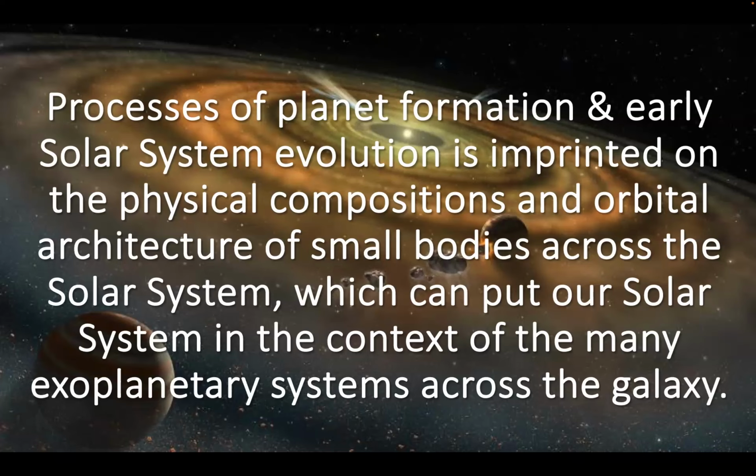And so by better understanding these processes within our own solar system, we not only learn more about our own solar system, but we can put our solar system in the greater context of these many exoplanetary systems that we just heard about are all throughout the galaxy and beyond.